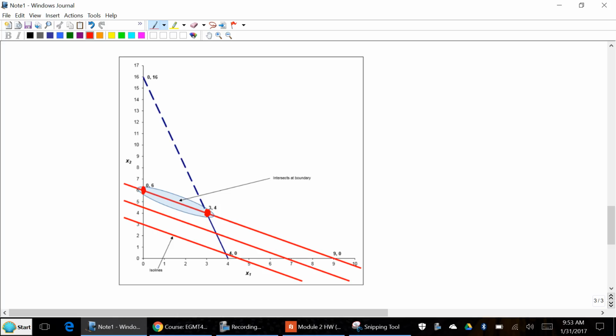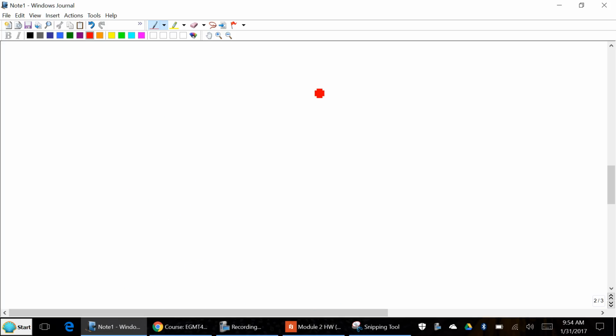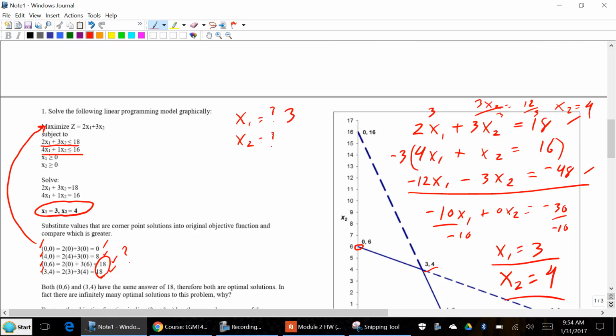Okay? So this objective function that is a projection, if you've watched that video, how I show that projection moves up and down over the boundary, turns out that in this particular case, and this is a very unique case, what you'll notice is that this equation right here, if you go in and you calculate the slope of that equation, remember how to calculate the slope of that equation?